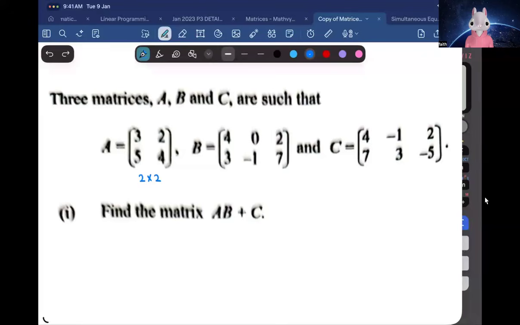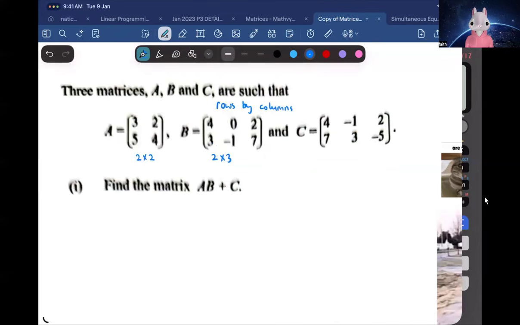How many rows is it? 2 rows. And how many columns? 3 columns. Right, so this is a 2 by 3.